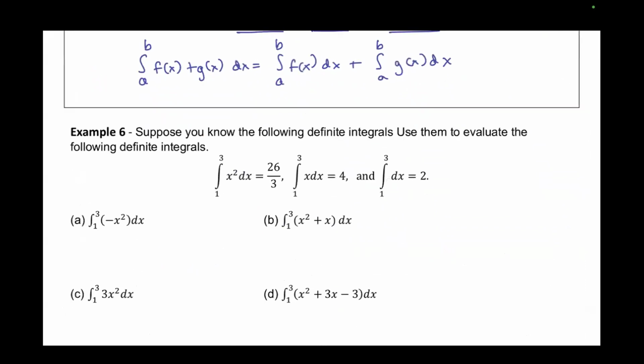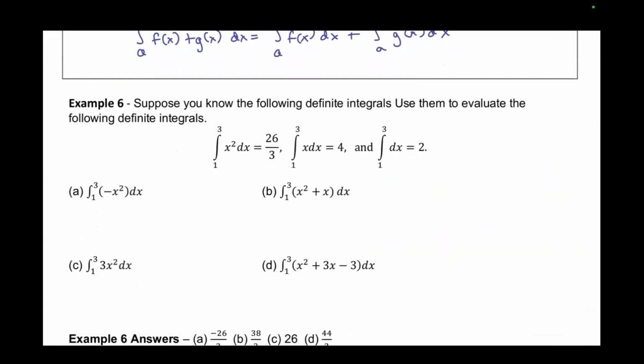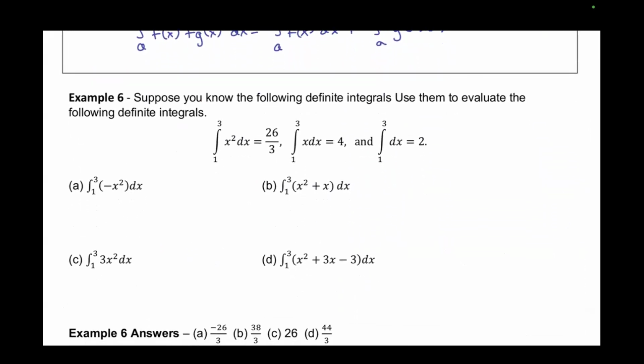Okay, so let's use these properties to answer some questions. If you're given this information right here, those 3 definite integrals, we have the information to figure out the answer to all of these. Notice limits of integration here are 1 to 3. So that's the same.